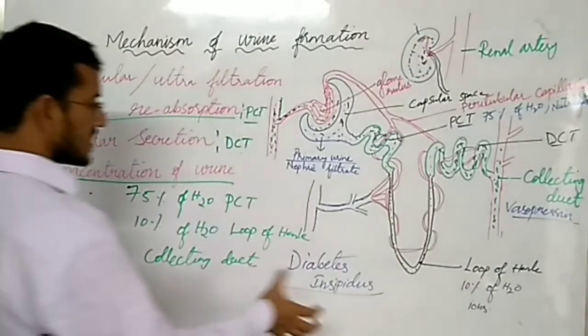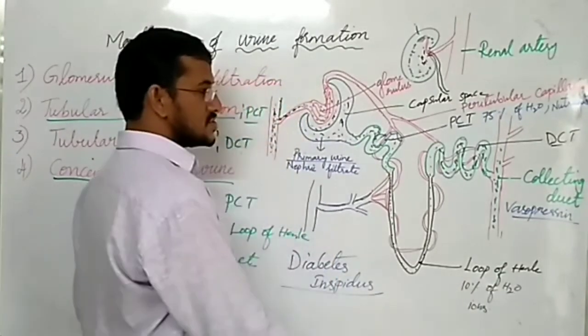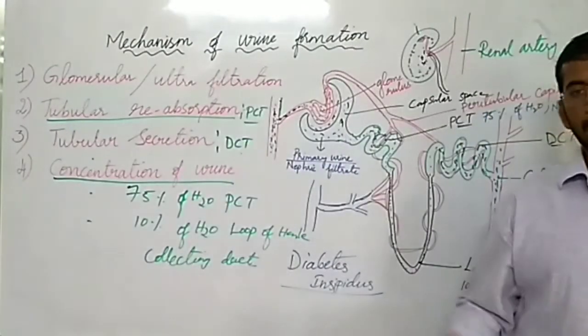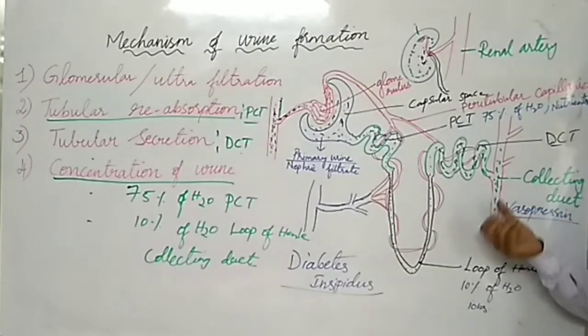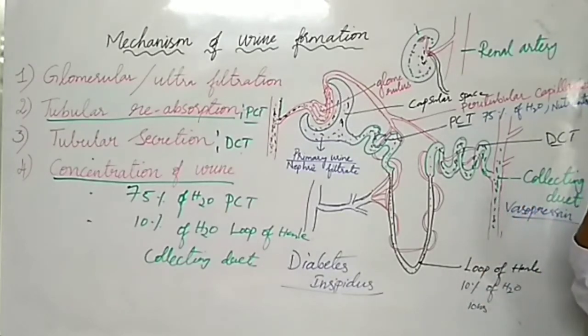So what is diabetes insipidus? Due to deficiency of vasopressin hormone, water from the urine is not absorbed. Thereby urine will be more dilute, and you'll go to the washroom more times for urination. Understood?